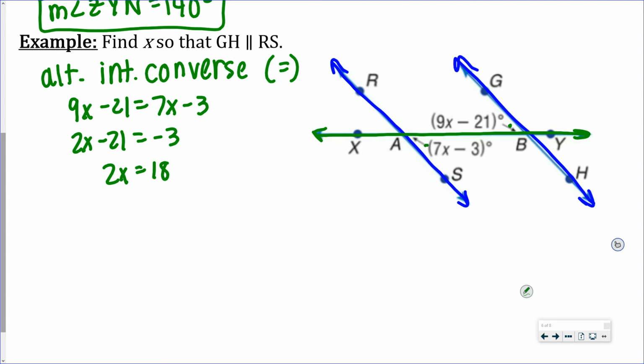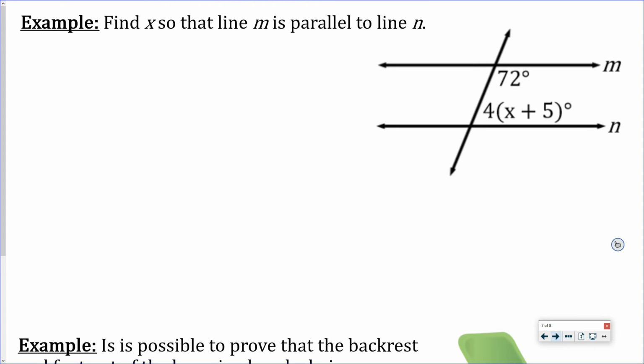Add over 21. Divided by 2. We get x to be 9. And that's all we had to do for that one, just find x. So when I plug that in there, I would get both angle measures to be 60, right? Yep, 60. So then the alternate interior converse would allow us to say these are both 60, then those two lines are parallel. Great.